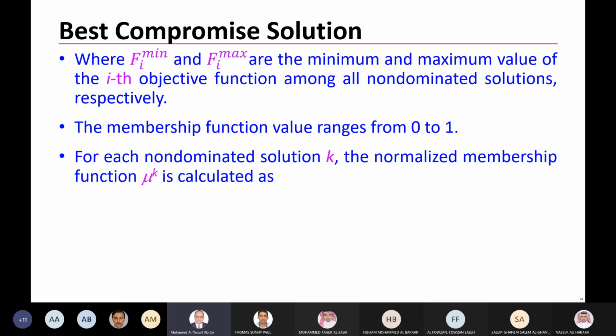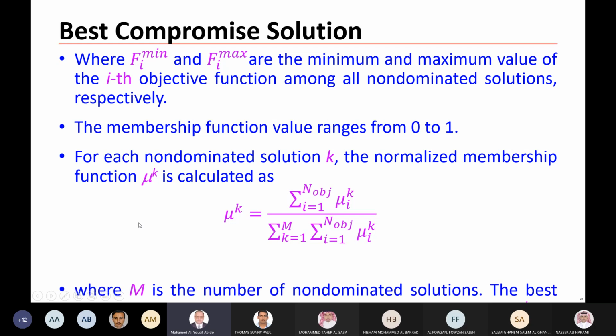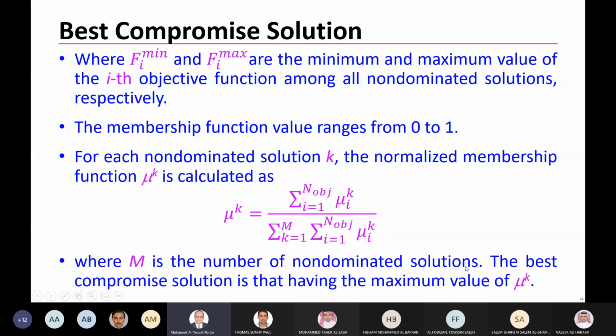Now you calculate mu1 and mu2 for each solution. So you can calculate now the overall membership function mu K, equal to the summation of mu1, mu2 over the summation of all the objectives and also the summation for all solutions in the Pareto set, where M here is the number of non-dominated solutions.